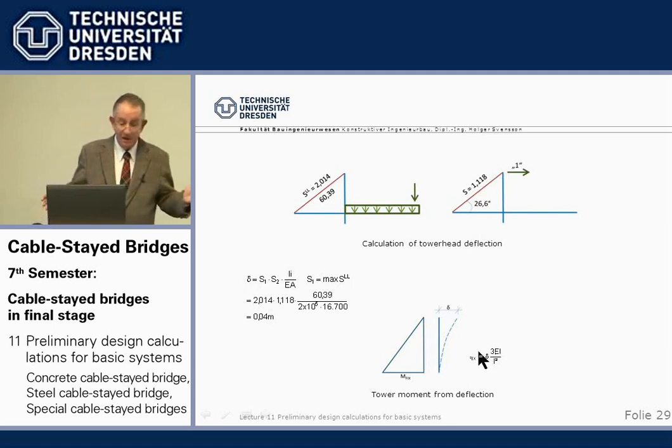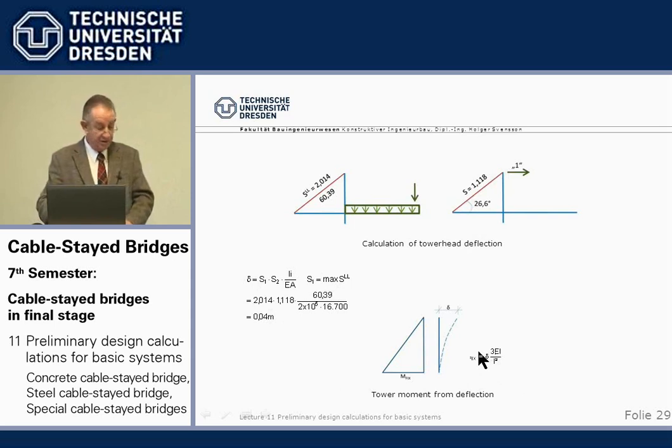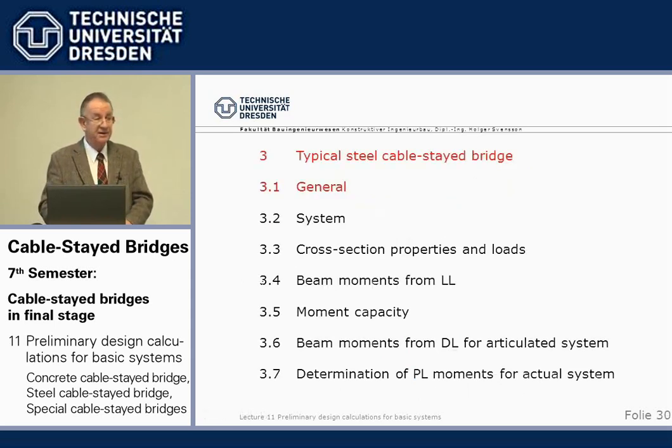So, I've shown you how to calculate the moments of a cable stayed bridge by the beam moments and a permanent load. We have the rigidly supported system, QL squared over 24.